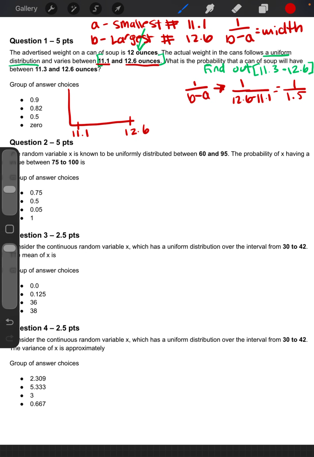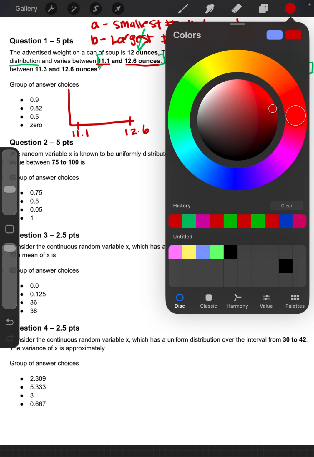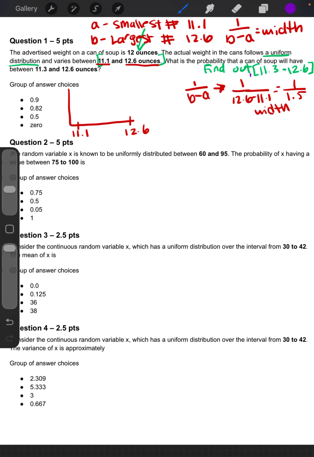Okay, so this is our width. So now looking at this, I'm going to put this here. Right here it would be 11.3, and then we have 12.6.